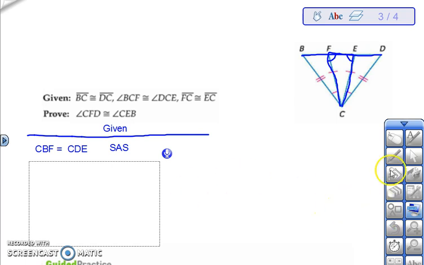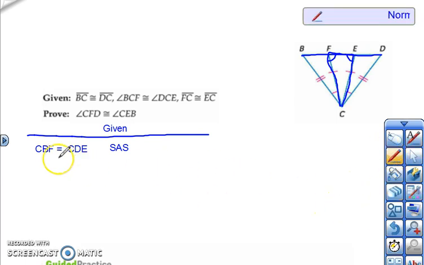So since F and E are both in the same position in our congruent statement, we know those two angles have to match.